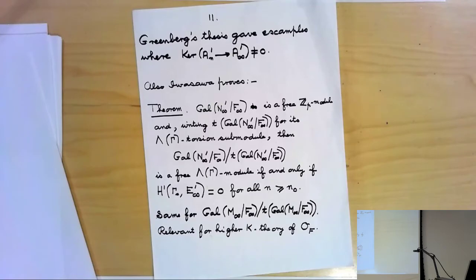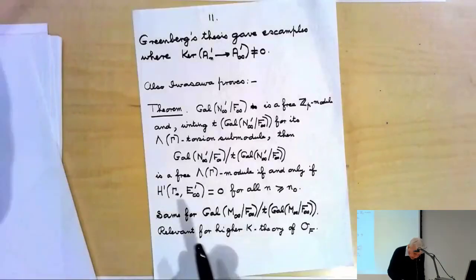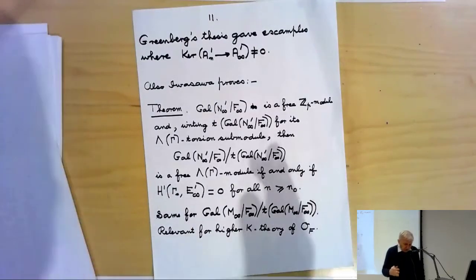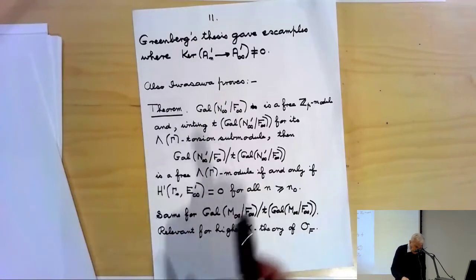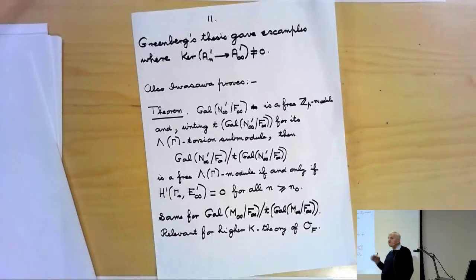And now this is, in a way, the first example where that finite cokernel is interesting, because Iwasawa proves in his paper that the module is free, in fact, that finite kernel doesn't exist, if and only if this H1 of Gamma_n, E infinity prime, is 0. In other words, if and only if the ideal class groups inject up.